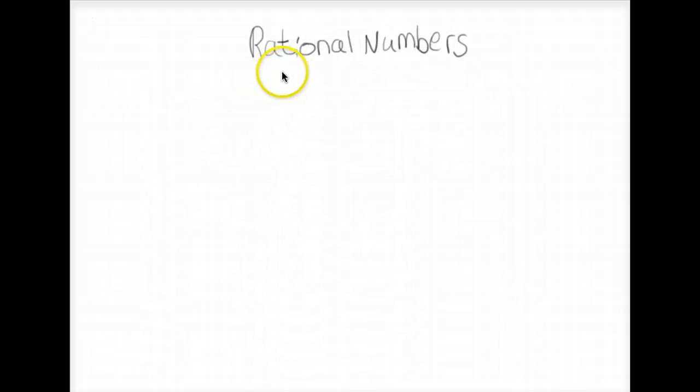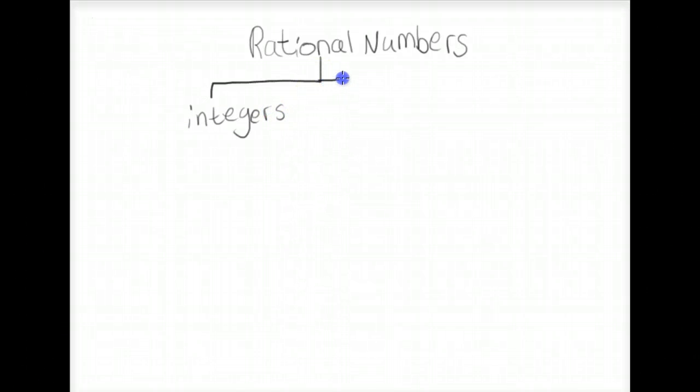So now we're going to go a little bit further into the set of rational numbers. Again, a rational number is a number that can be expressed as a ratio of two integers. From that, we have two subcategories of rational numbers: integers, as well as non-integers.